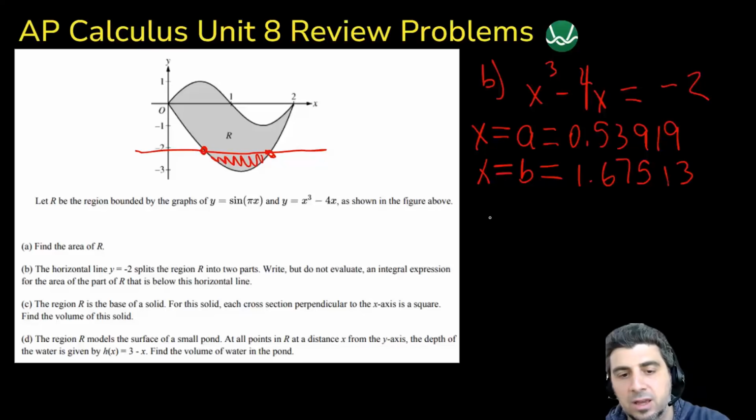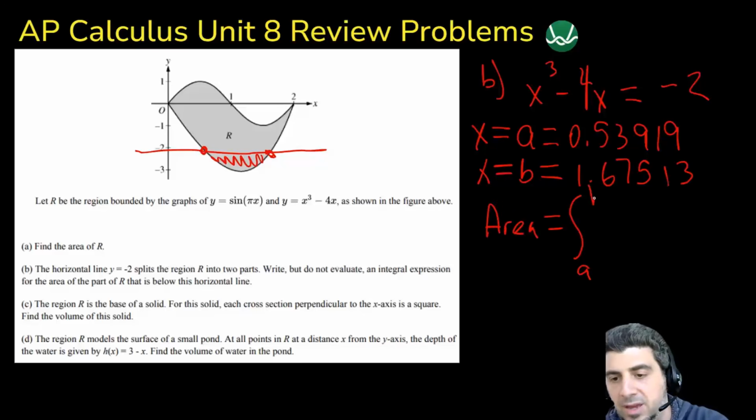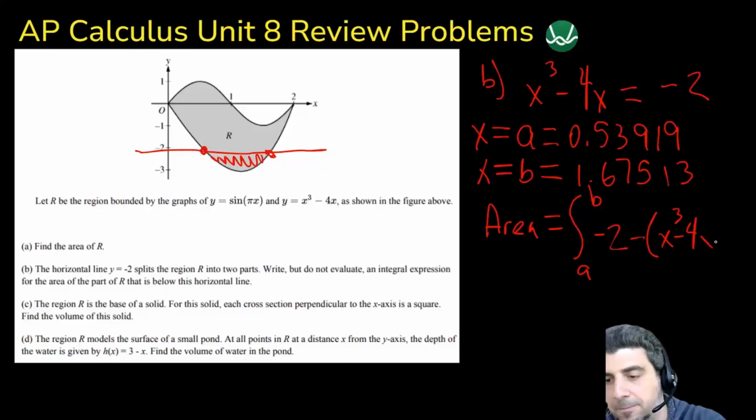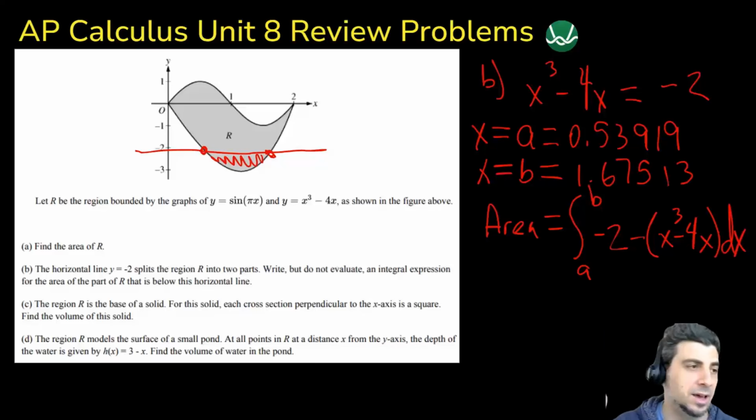So I can write the area, the integral from A to B of -2 minus the quantity x cubed minus 4x dx. Now you get 1 point for the correct limits and 1 point for the correct integrand. Remember, you did not have to actually evaluate this one, even though Desmos quickly and easily gave us the answer.